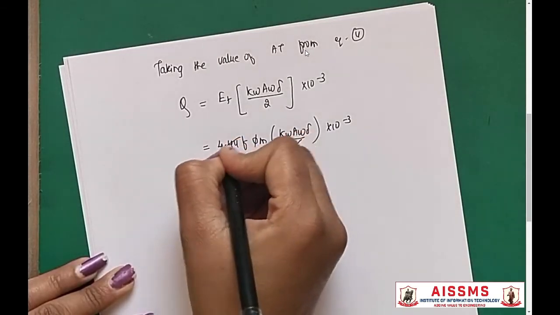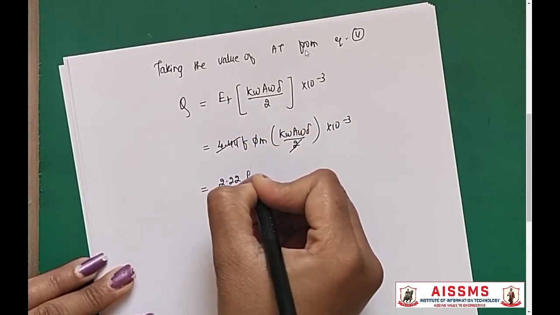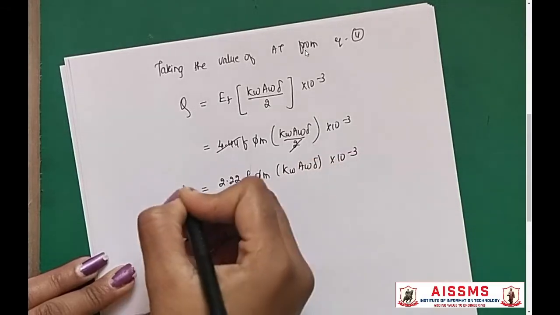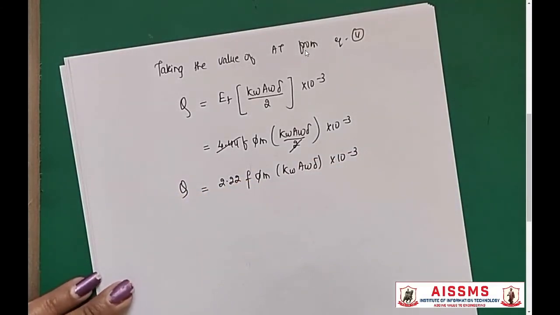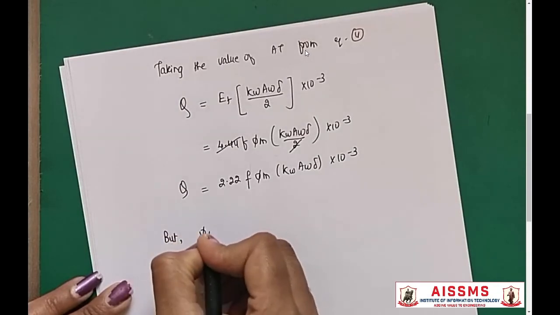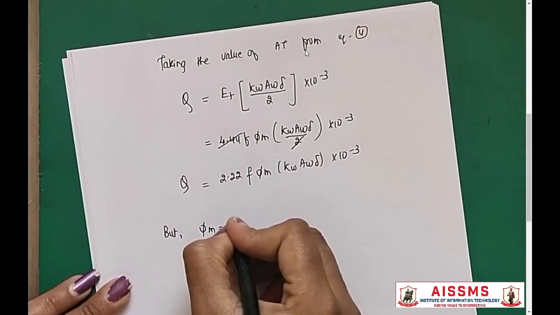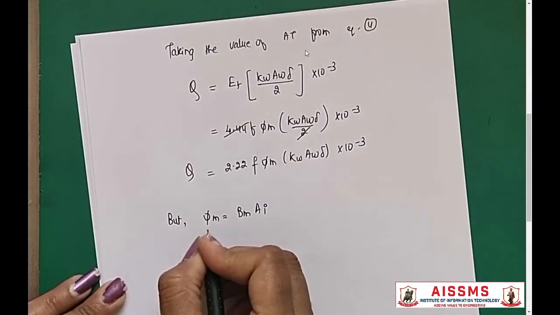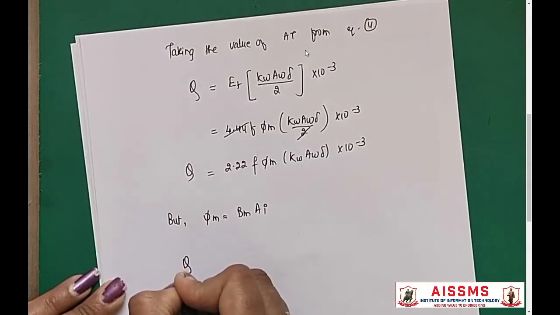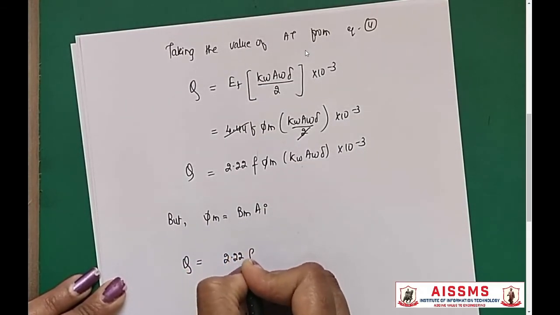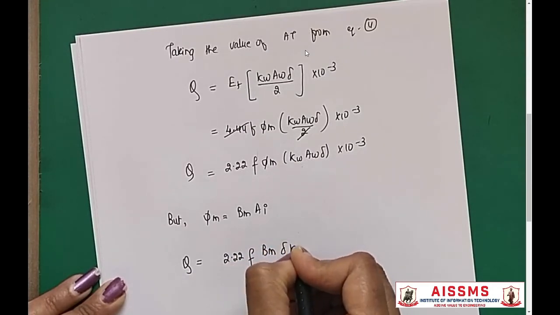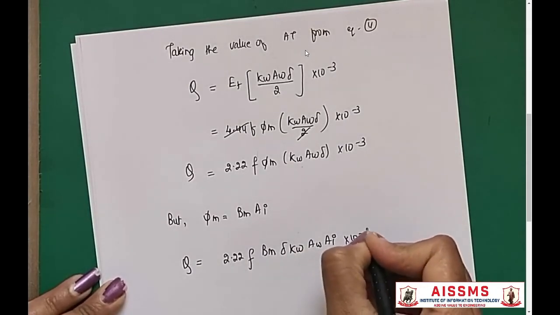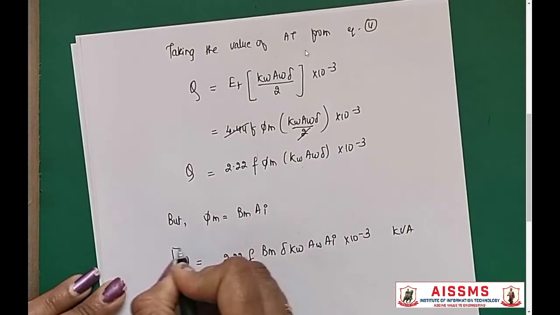So I can cancel this 2 with this, and I'll get Q is equal to 2.22 f phi m Kw Aw delta into 10 raised to power minus 3. But we always know that flux is nothing but the product of flux density and the area of iron path. Therefore, putting this value of flux in the above equation, Q comes out to be 2.22 f Bm delta Kw Aw Ai into 10 raised to power minus 3 kVA.